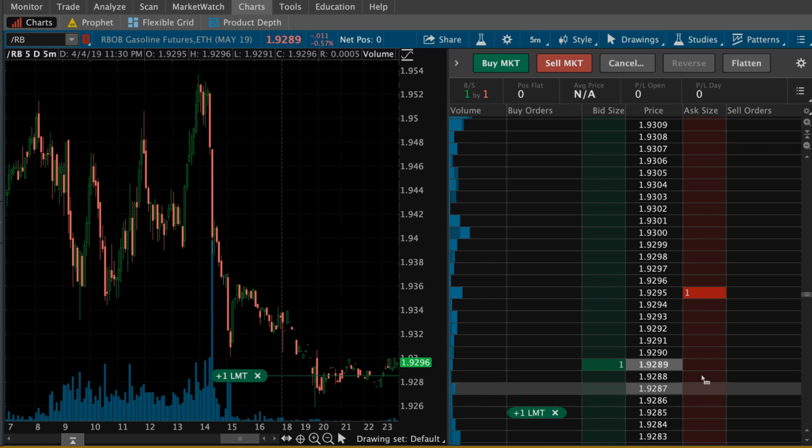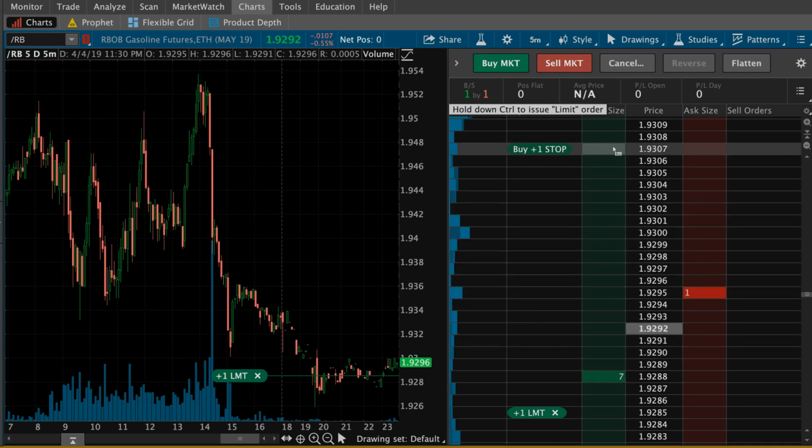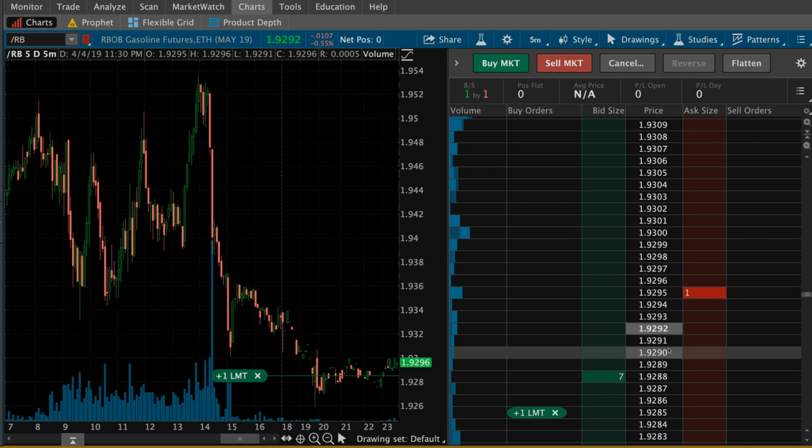Now, conversely, had I wanted to sell at 1.9308, way up here, I could put that price in. Now, I'm not going to get it, though, until that bid comes all the way up to meet it. So that means that the price can actually go past your limit order, the market price.